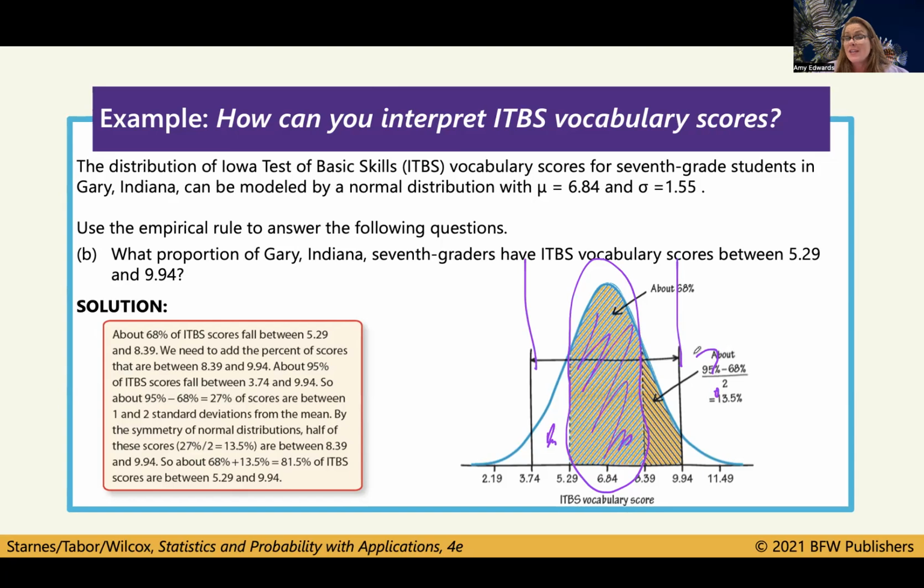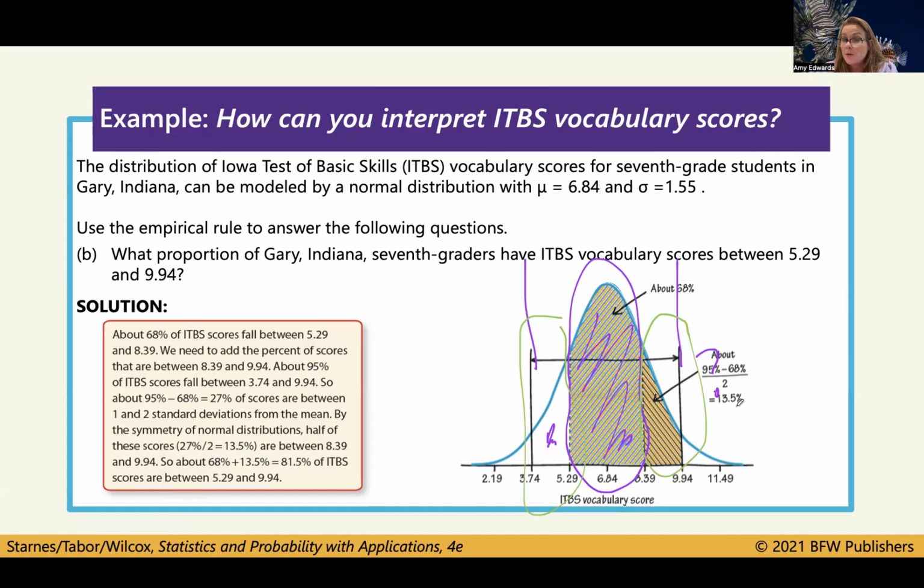So if I can do 95 minus 68, all I'm going to be left with is this section and this section. So 95 minus all this in the middle is going to leave me with 13.5%, or sorry, 27%.